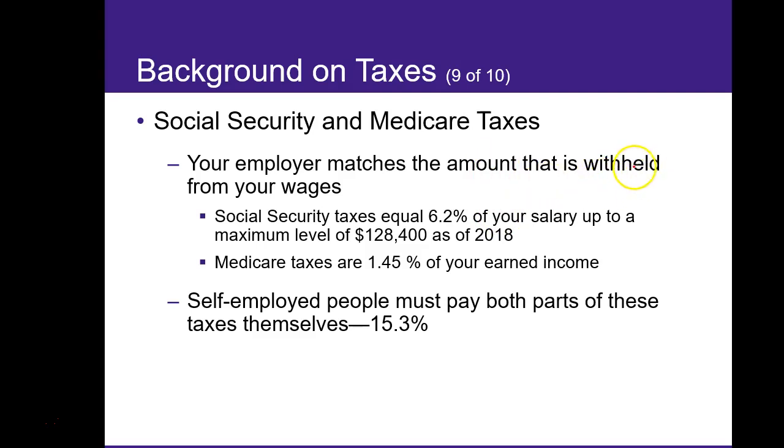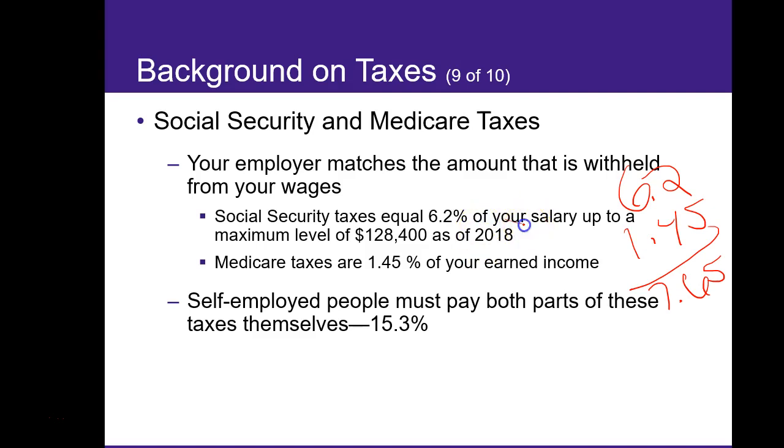There we go. So we have 6.2% Social Security, 1.45% Medicare. When you add those together, it gives you 7.65%, which is the amount withheld from our check for Social Security taxes and for Medicare tax.